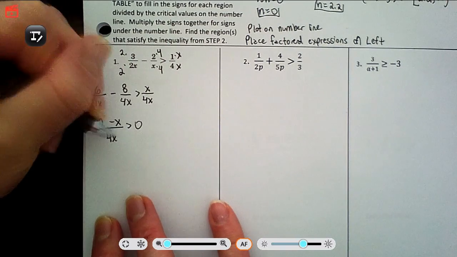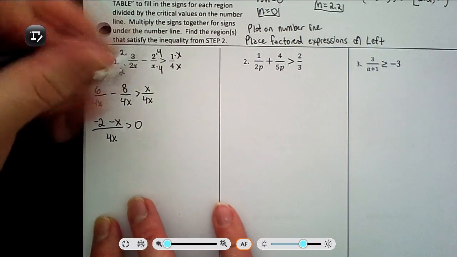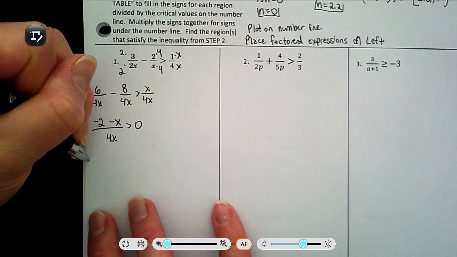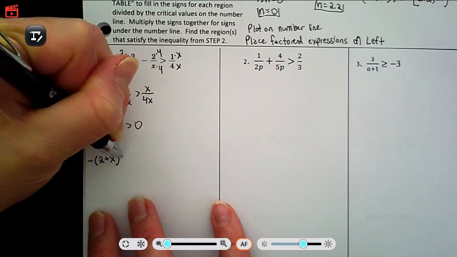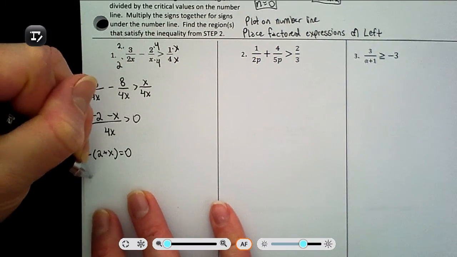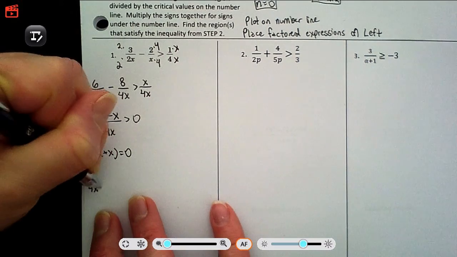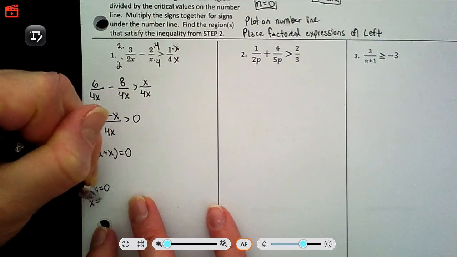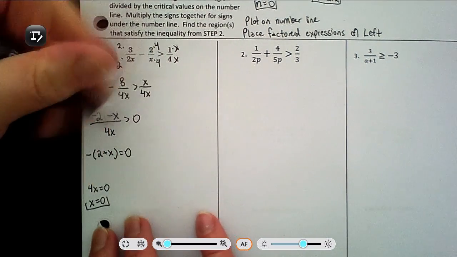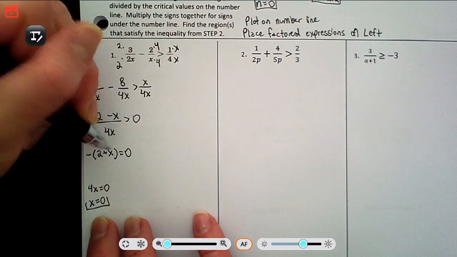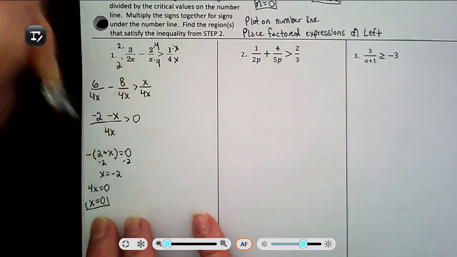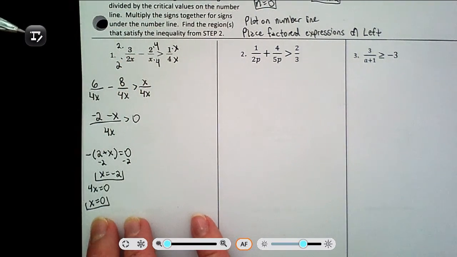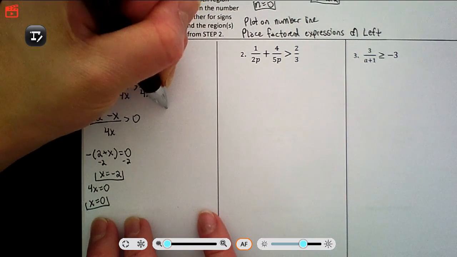And then take the denominator, set it equal to 0, so I get negative 2 plus x is equal to 0, and also 4x is equal to 0. Okay, over here, divide by negative 1, subtract the 2, x equals negative 2. Okay, so I'm going to plot these two values on the number line.